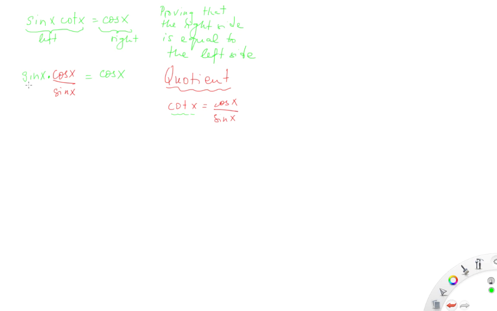I can always put a 1 on the bottom, which I don't really need to. But I can cancel the sine of x because one is in the numerator and the other in the denominator. I have 1 and 1 left over. So I have cosine of x is equal to cosine of x. So I proved that the left side is equal to the right side.